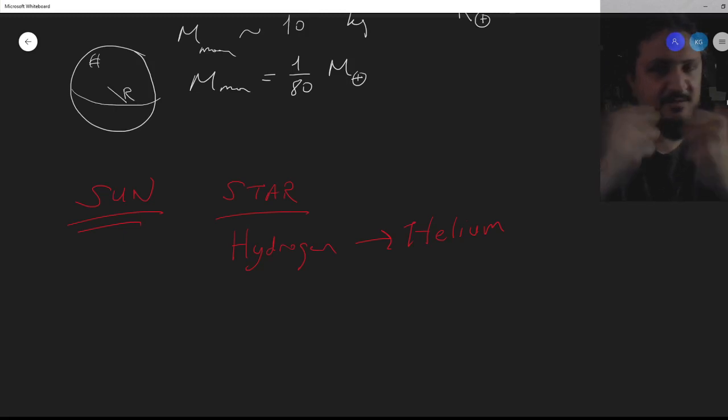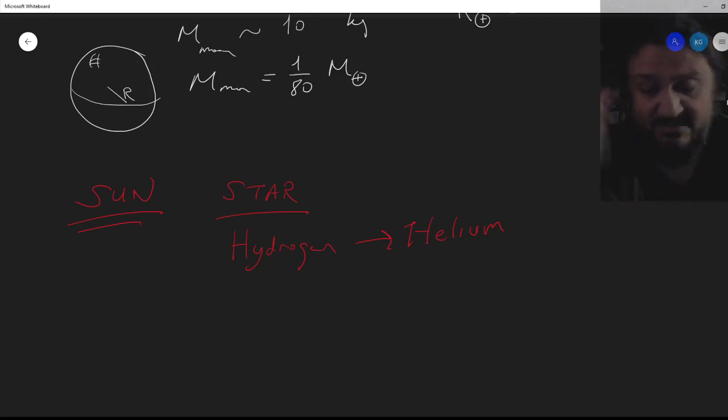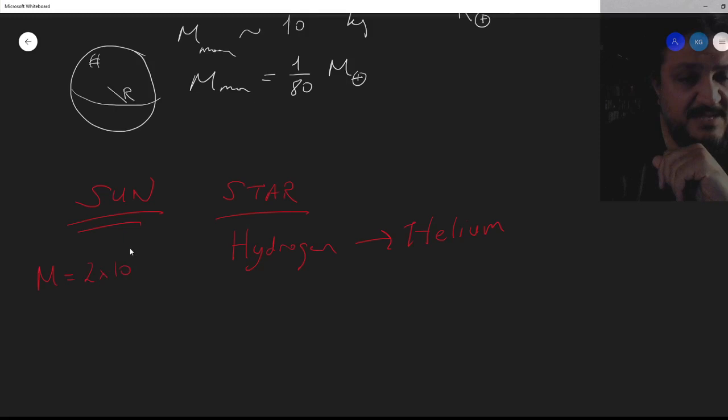They don't want to be together, but you push harder and harder, and you can only do it when there's a lot of mass. The Sun is huge in terms of mass. It's 2 times 10 to the 30th kilograms.